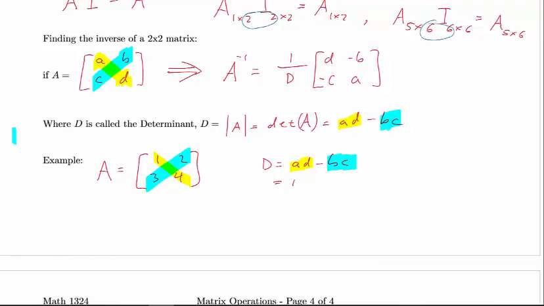AD: little a is 1, D is 4, minus BC, so 2 and 3. Simple enough. So let's multiply these through. This is 4 minus 6, which of course is negative 2. And now let's set up our inverse.